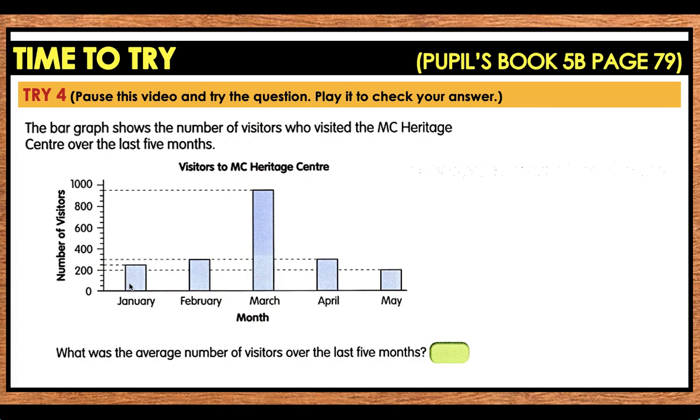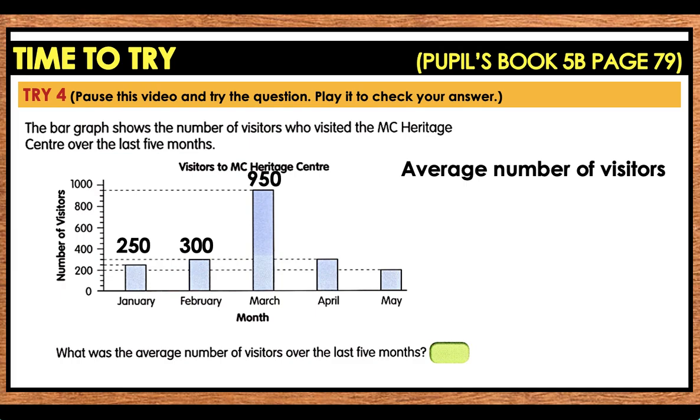January, 250. February, 300. The interval is 50. Very good. How did I get the interval? 200 divided by 1, 2, 3, 4 is 50. March, 950. April, 300.